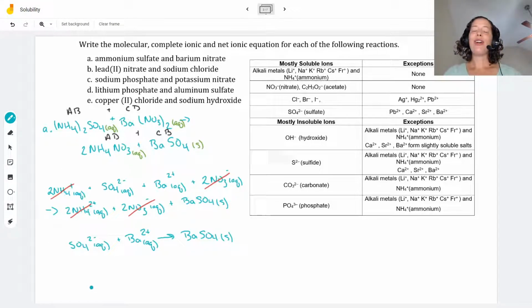So that is our net ionic equation. And this is very typical: your complete ionic equation is going to be very long and involved, and then it'll simplify down to something very short and very easy. And again, if you've pulled everything down correctly, then when you write your net ionic equation, it should already be balanced, but it's of course always nice to double check.